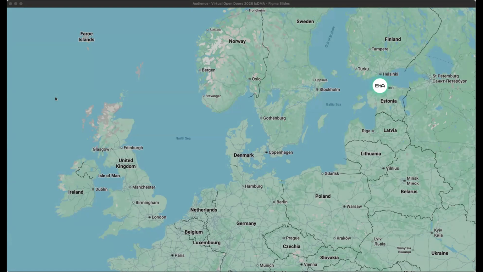I saw people from Estonia, Germany, Spain, USA, Turkey, Iran, India, Bangladesh, Indonesia, Nigeria, Colombia, and many, many other countries who are here with us today. But we are located here in Estonia, in Northern Europe.